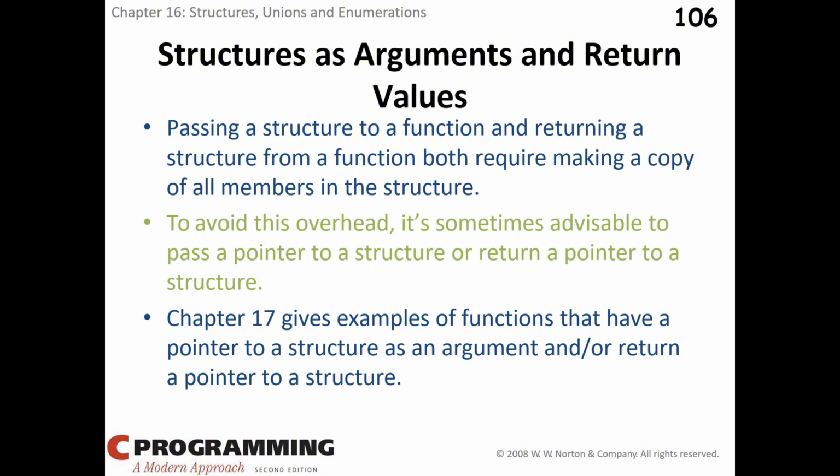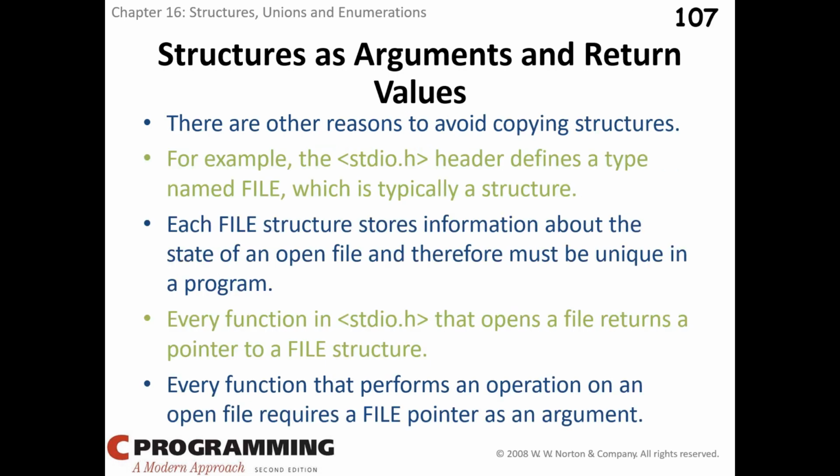And chapter 17, which we're not covering in this course, provides examples of functions that accept a pointer to a structure as an argument and/or return a pointer to a structure. These examples demonstrate how using pointers can improve program efficiency, especially when dealing with large or complex structures. So there are other reasons to avoid copying structures.